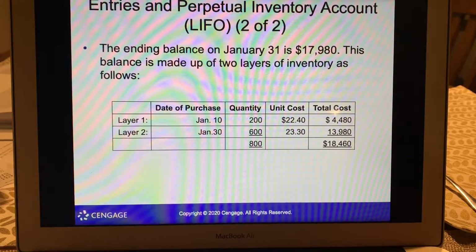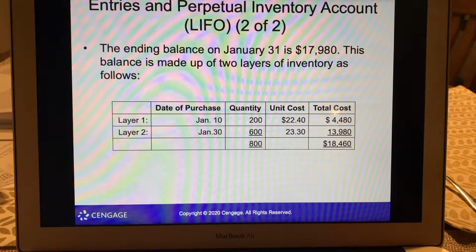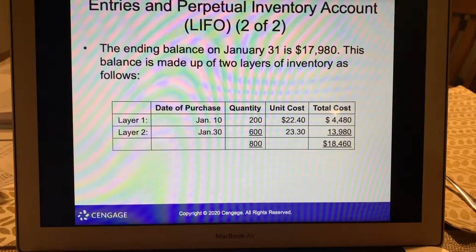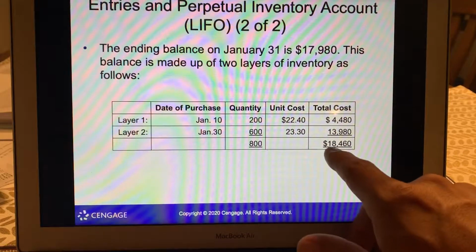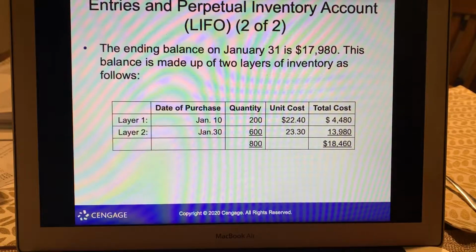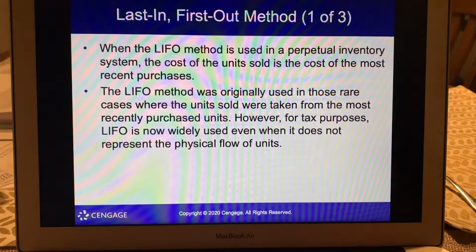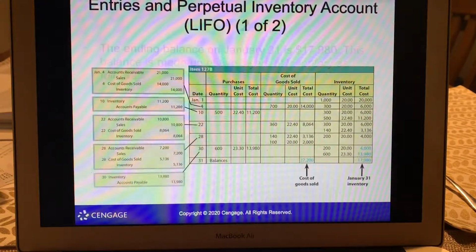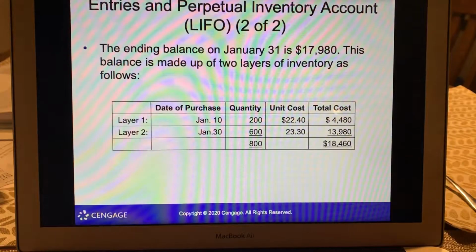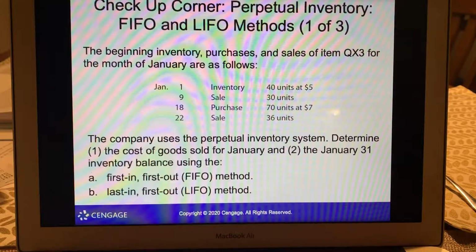Again, this is LIFO, $17,980, and look at this one though, $18,460. That $18,460 is the FIFO, but when we look at this one, it's $17,980. So there's a difference in your inventory, and you have to go by your layers.